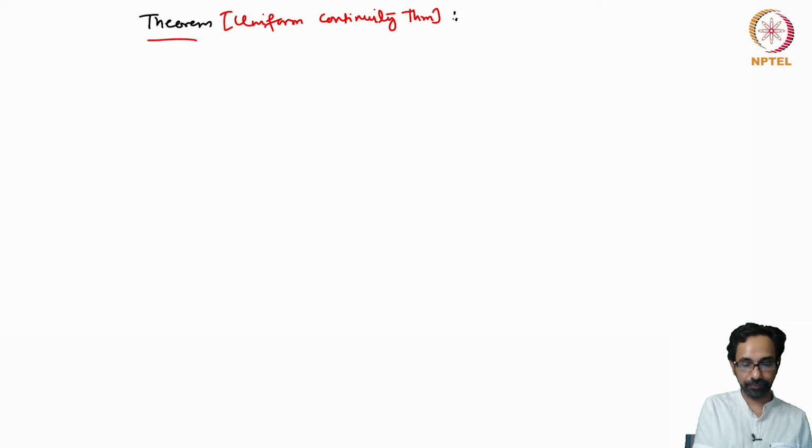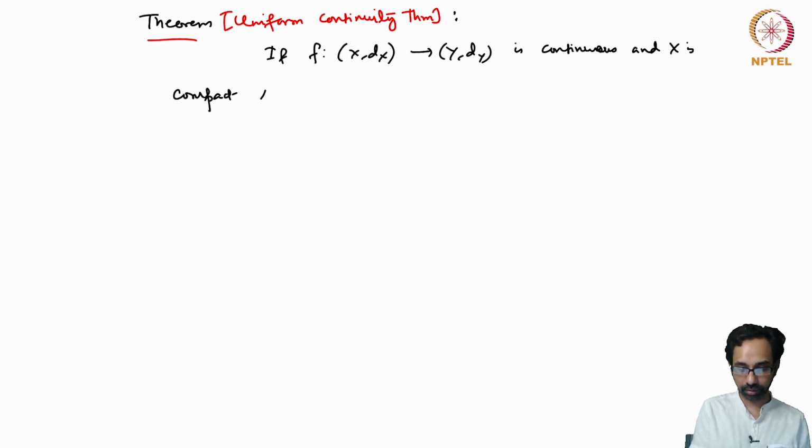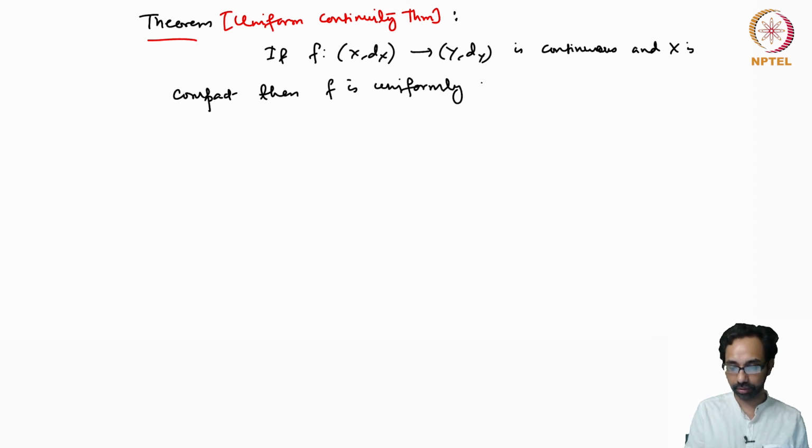The uniform continuity theorem states that if f is a continuous function between metric spaces and X is compact, then f is uniformly continuous.